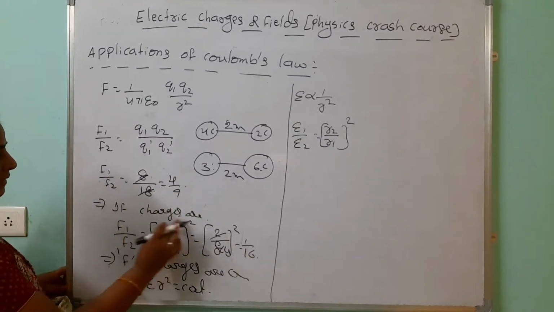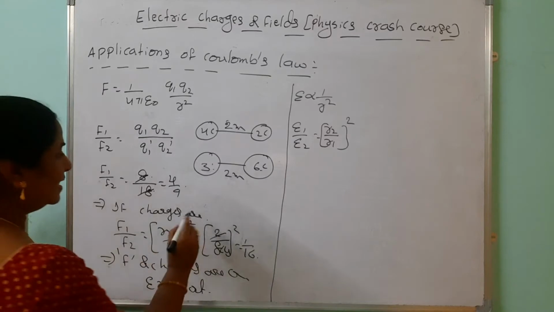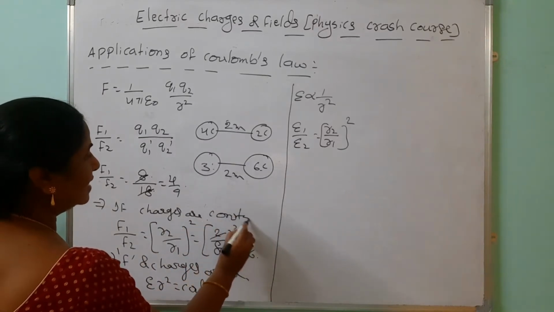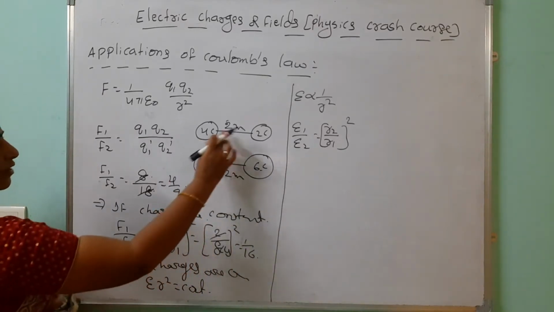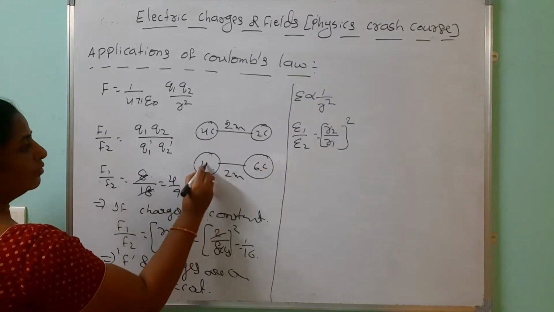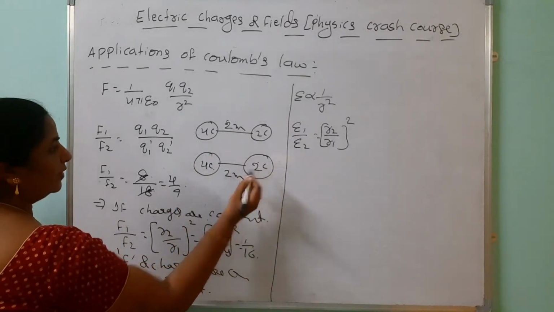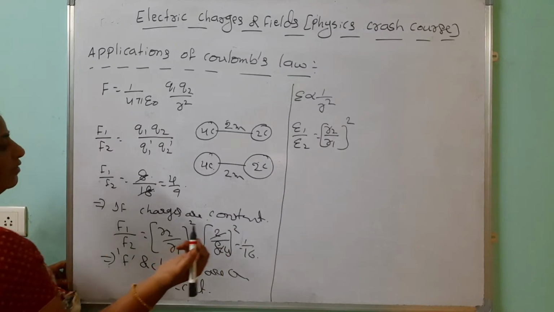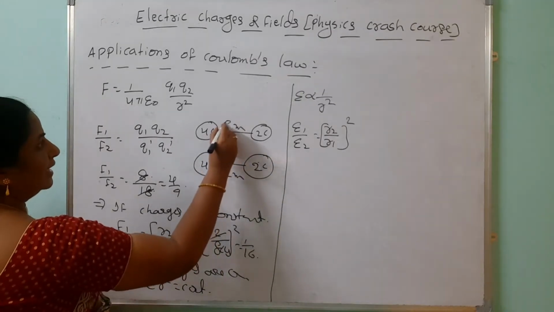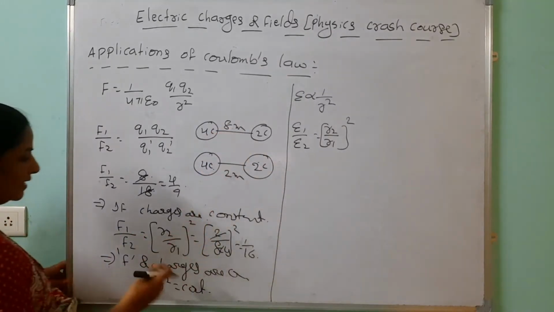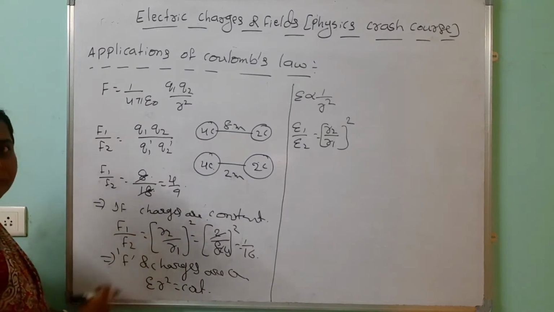Then second case, if charges are constant, here we take 4 coulombs and 2 coulombs, and the distance is different. First one is 8 meters, then second one is 2 meters. Then how to find the ratio of the forces?